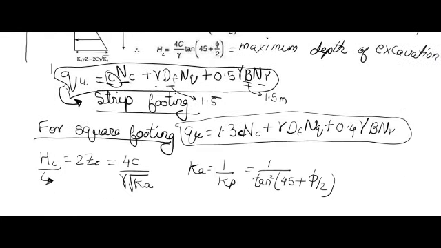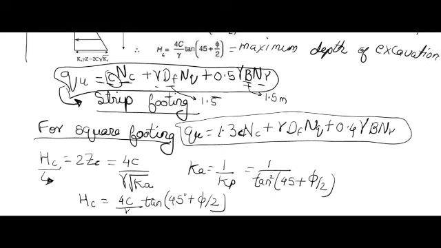So in this case we can write Hc equal to 4C by gamma multiplied by tan, not tan square, tan (45 degree plus phi by 2).